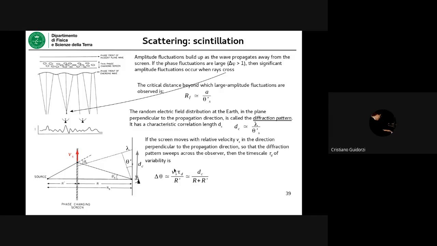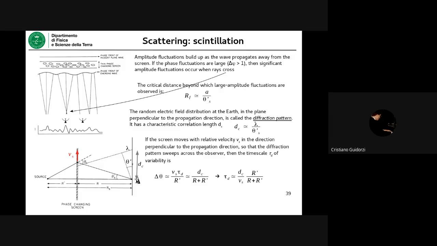So if tau d satisfies this condition, we immediately calculate that tau d is just multiplied by r prime over vs, both sides of this equation, and you immediately have a condition for tau d. So tau d is the time interval over which your detector will measure a significant variation in the flux.